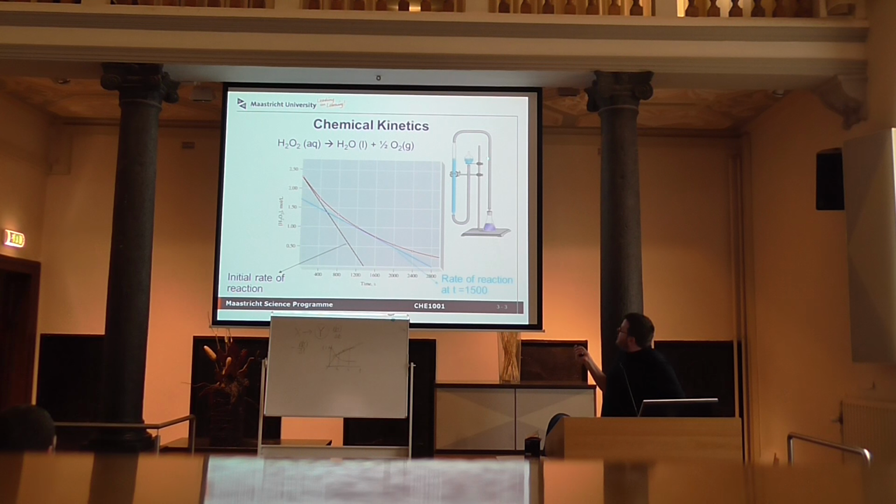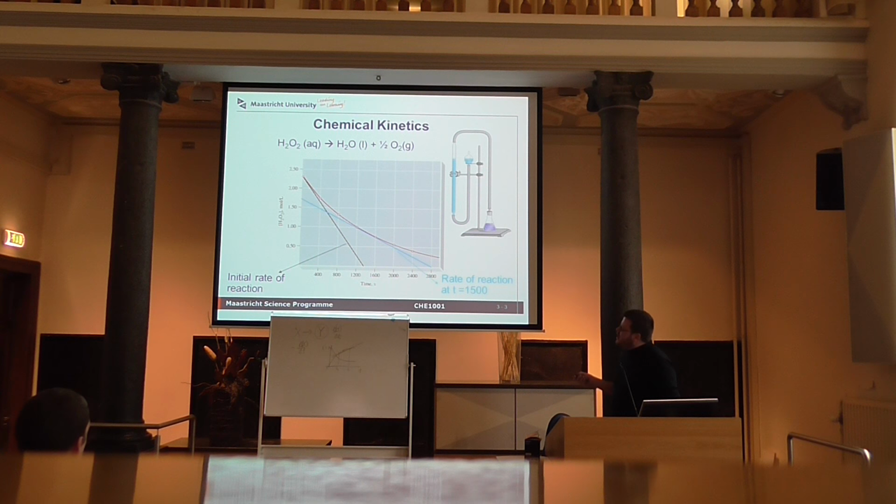You can follow this reaction in a setup like this. The hydrogen peroxide decomposes to these two products, and you can actually measure the rate of the reaction. So what we have here is the concentration of H2O2 as a function of time, based on actual experimental data.